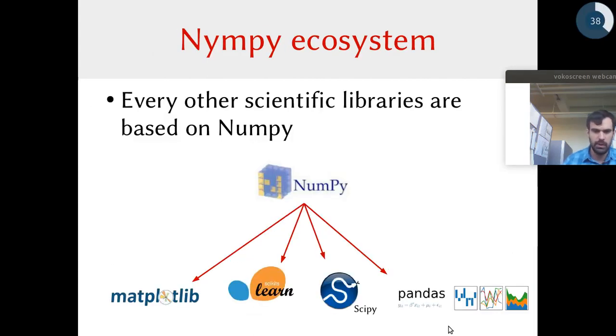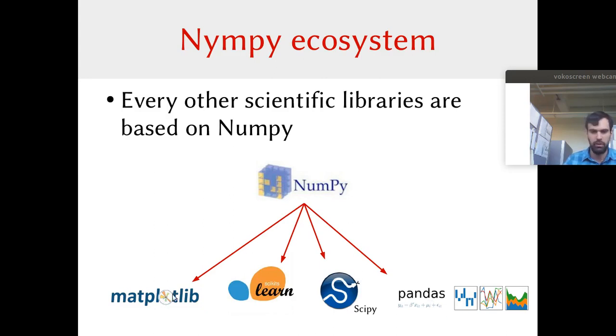NumPy is so important because it defines the very notion that is usually used for scientific applications. All the other libraries like Matplotlib and scikit-learn in fact use NumPy arrays. Each time you install Matplotlib, it will install NumPy by default because it uses it as a common ground.